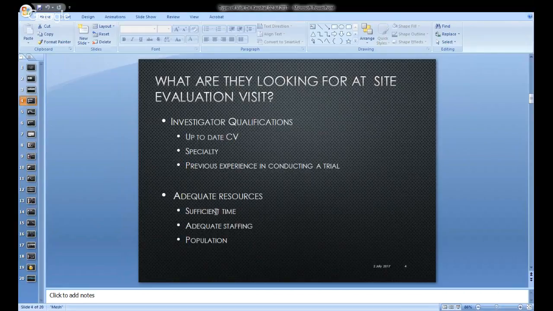For that, you need to give time. No wonder we would be having something called as DDL, Delegation of Duty Log, or Delegation of Authority Log. So these activities can be delegated to the respective team members, but the overall responsibility still lies with the principal investigator.